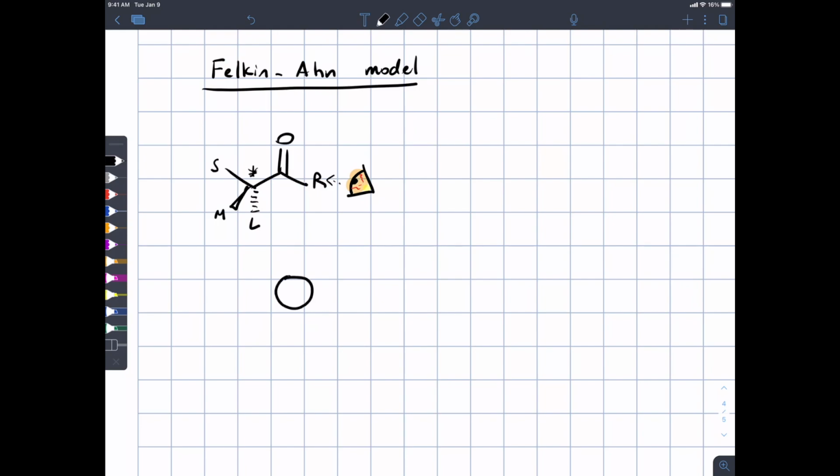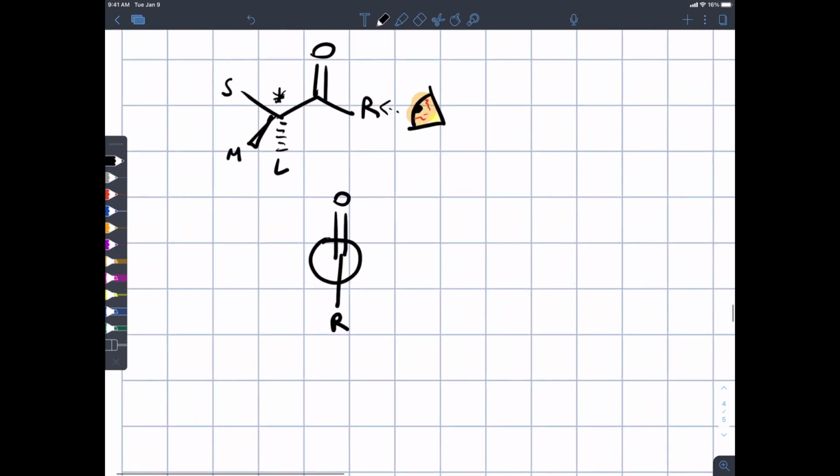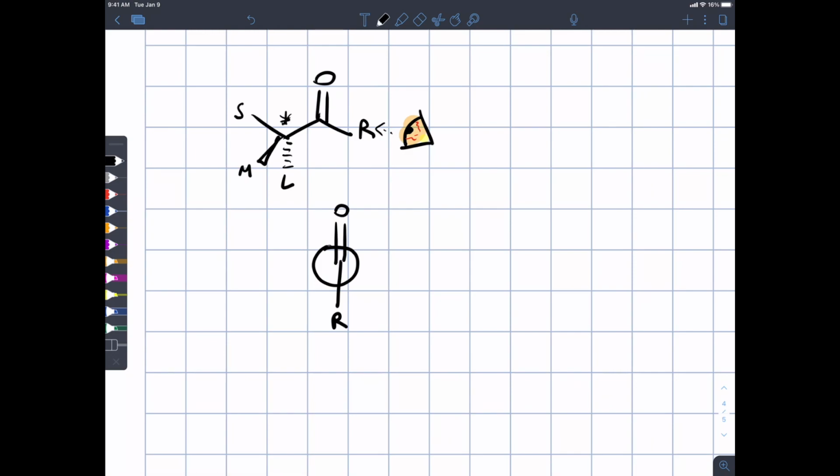All right, we're looking down the carbon, the bond between the R group and the ketone. And then in the back is this stereo center. And the Felkin-Anh model says that the largest group should be anti to the incoming nucleophile. So the incoming nucleophile is going to approach sort of at the Bürgi-Dunitz angle, right?